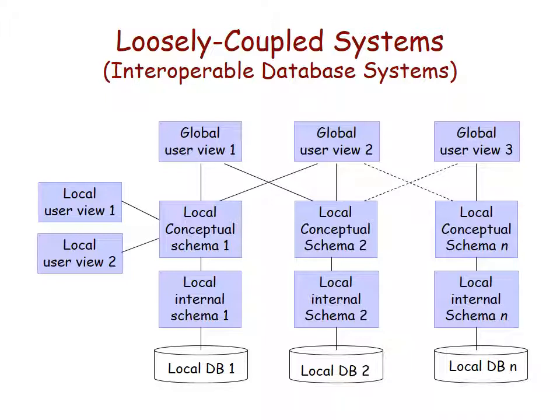Instead, each of the global user views is defined over one or more local conceptual schemas. Missing a global conceptual schema for all global users makes this a loosely coupled system. In other words, the local databases are only loosely coupled.